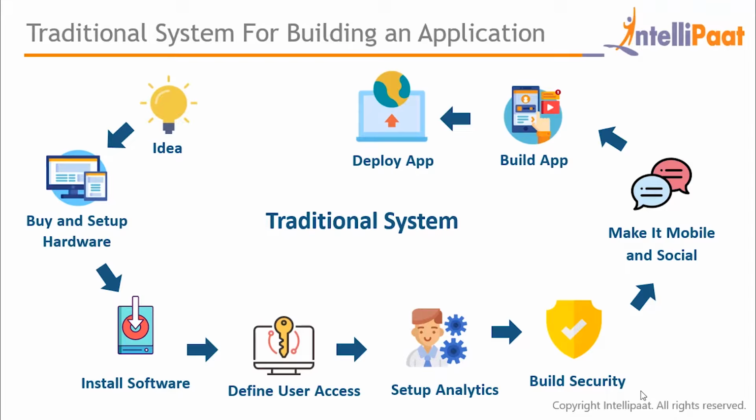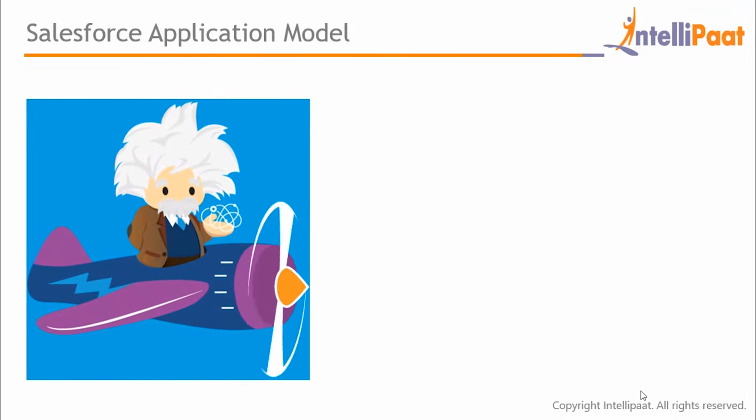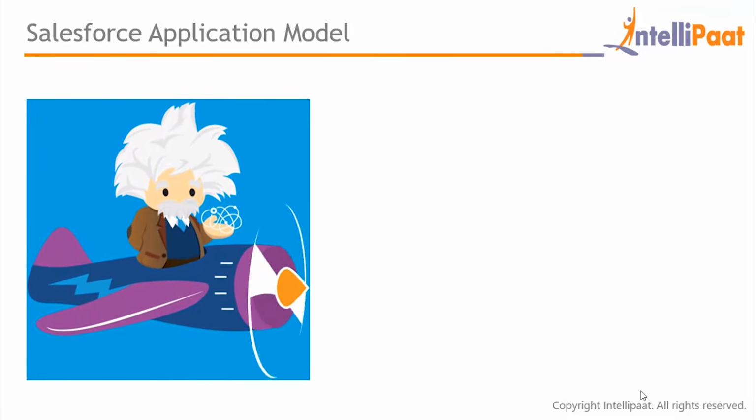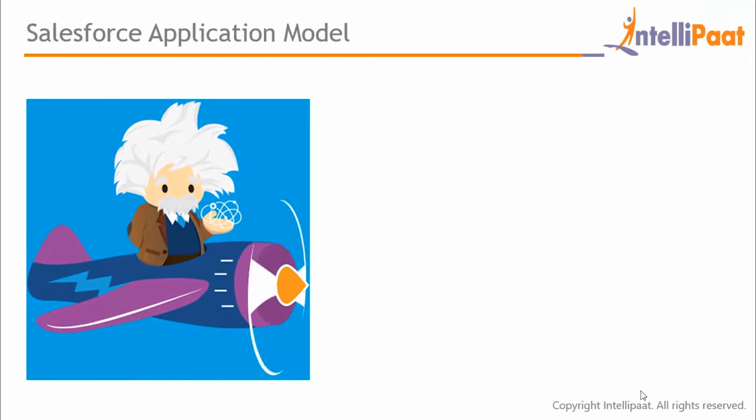So Salesforce came into the picture to the rescue of developers. Let's see how. Salesforce provides a very short and efficient process of building an app. With Salesforce, the developer isn't worried about buying and setting up the hardware, installing the software, defining users, setting up a means for reporting and analytics, building security around the application, and making it mobile, accessible, and social.